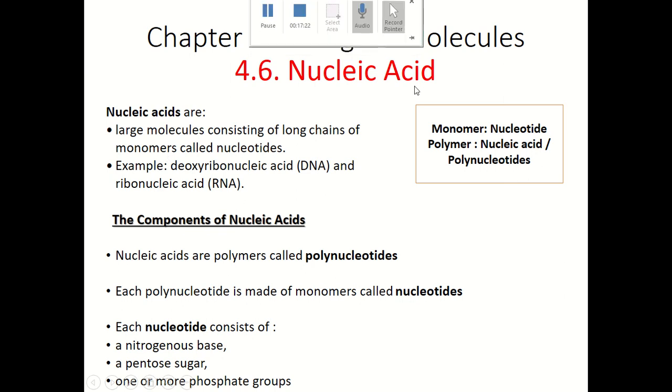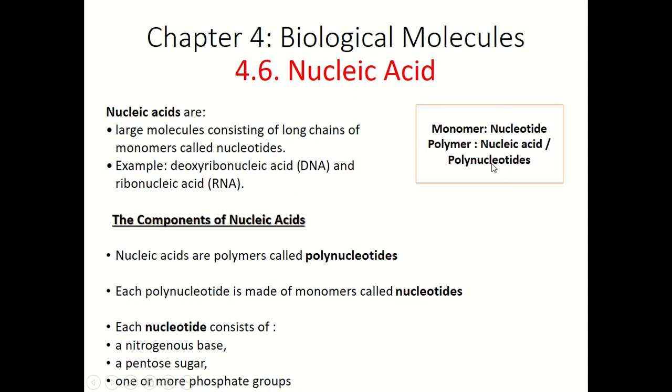So, meaning to say, the nucleotide is the monomer for nucleic acid and its polymer form is known as nucleic acid or polynucleotide. So examples of nucleic acid are DNA and also RNA. ATP, adenosine triphosphate, is also another example of nucleic acid. So what are the components of the nucleic acid?